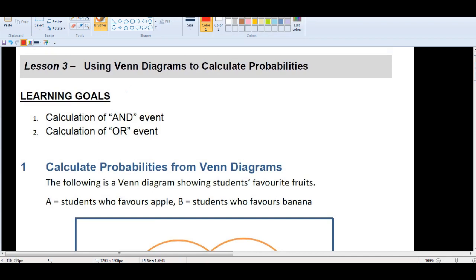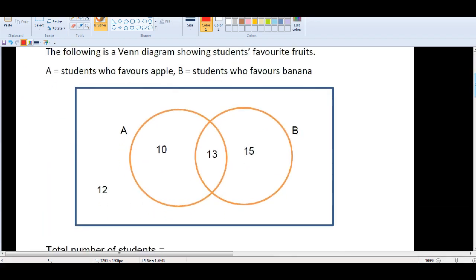This probability will be the probability using the word "and" and the word "or". That means we are going to see the combination of two events rather than just one event. Okay, let's see what happens.